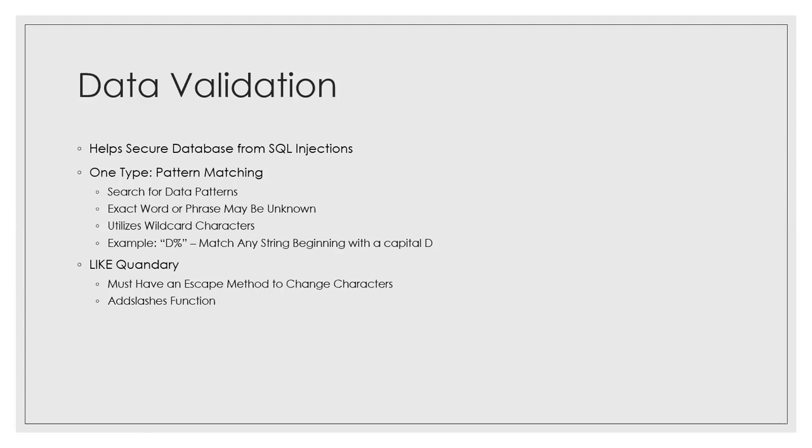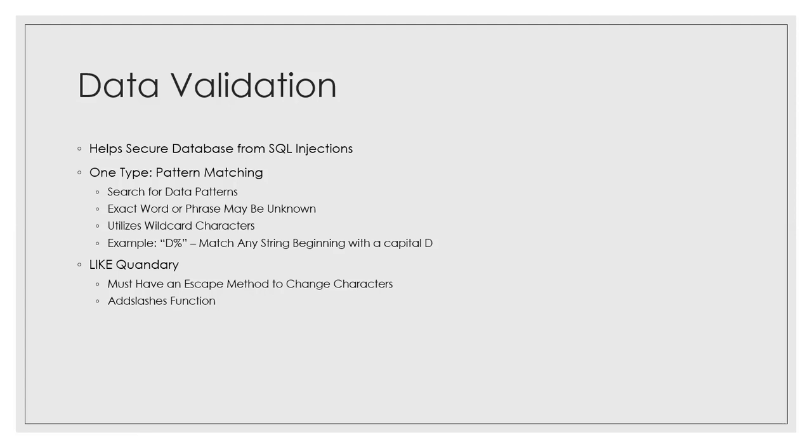Now, with a LIKE query, you must have an escape method in order to change the characters. So you can pretty much set a certain escape method in order to change any characters. If you remember, one of the scariest things in SQL injections is deleting and updating or even inserting data, especially updating.